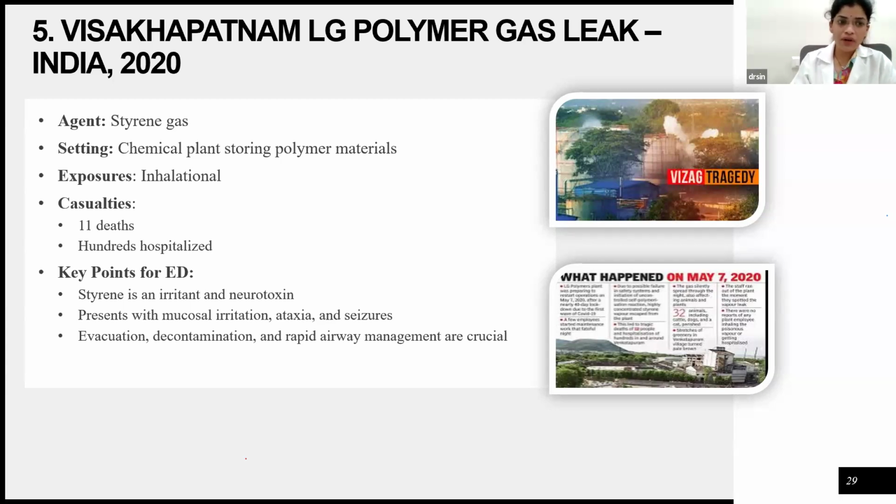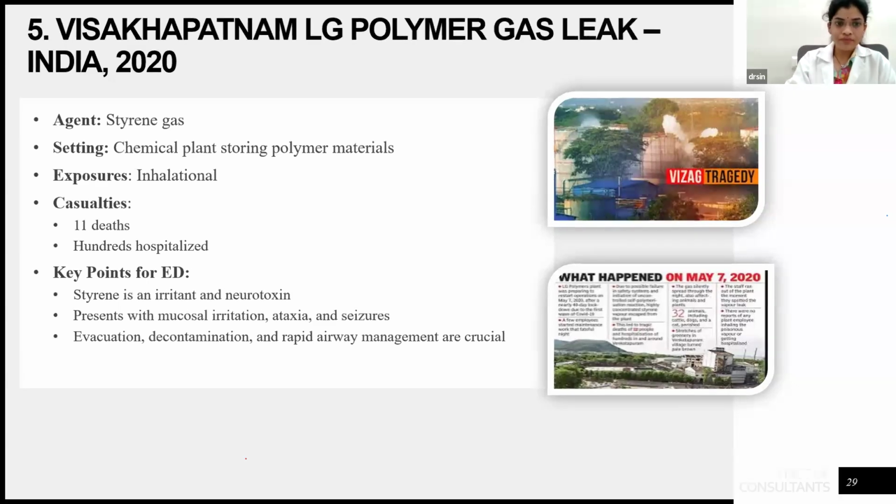There were around 11 deaths and hundreds were hospitalized. The key points for the ED are that styrene is an irritant and neurotoxin, presenting with mucosal irritation, ataxia, and seizures. So evacuation, decontamination, and rapid airway management are crucial in such cases.